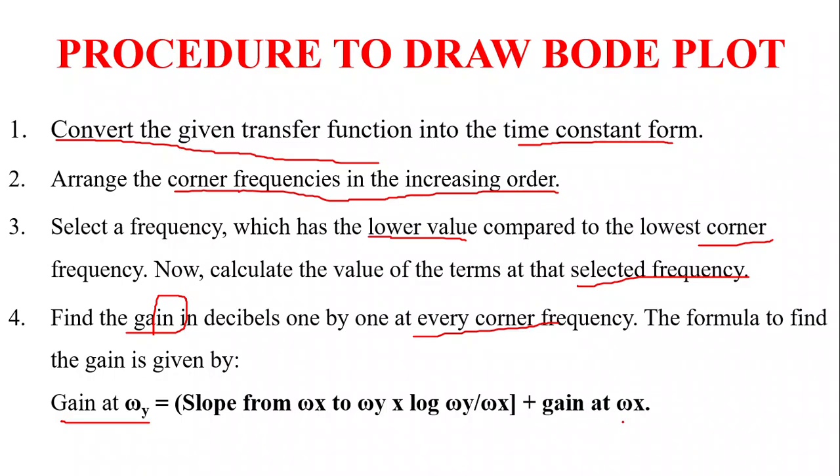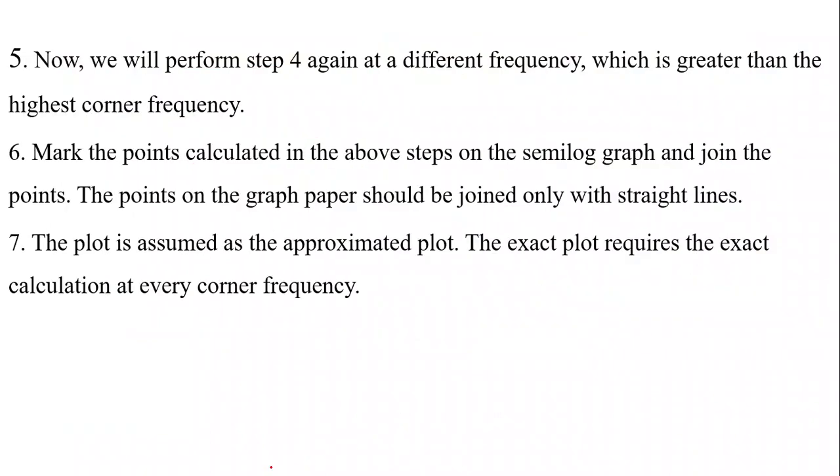This is the formula to find the gain in decibels for every corner frequency range. After the gain calculations, we have to perform step number 4 again at higher frequencies, that is, frequencies greater than the highest corner frequency.